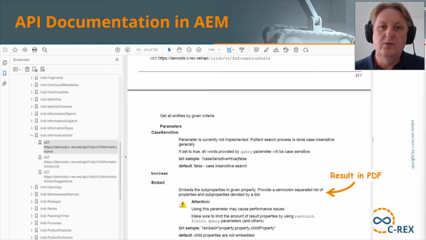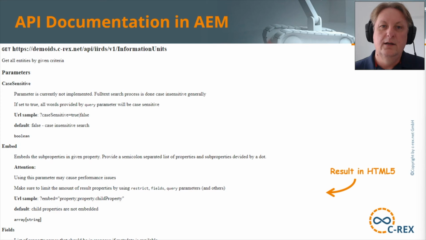We have our end user documentation as our end users expects it in PDF. You see the description for the embed parameter Regine has overwritten before. It's not the developer's comment anymore.